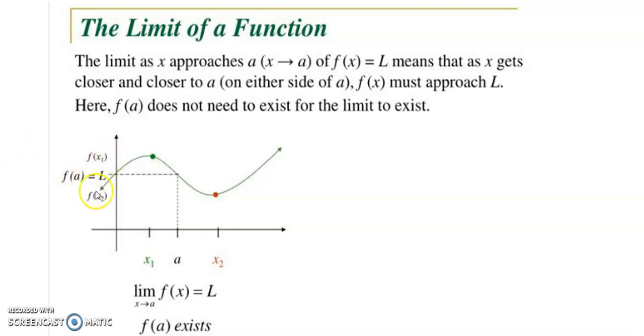So if you are taking your input as x1, which is towards the left of a, and if you are taking your input as x2, which is towards the right of a, if the two inputs are giving the same output, or we can say that if they are approaching towards the same value, it means that the limiting value is L and the limit will exist, right?